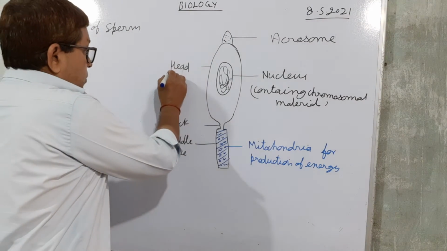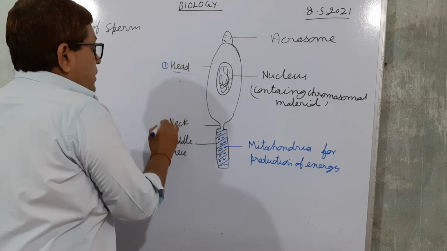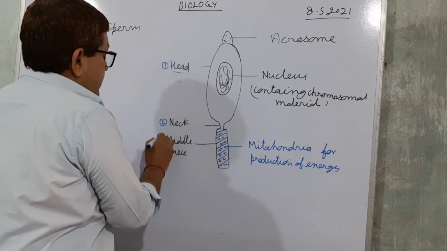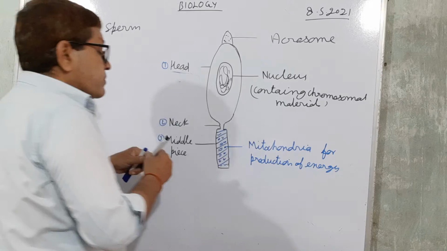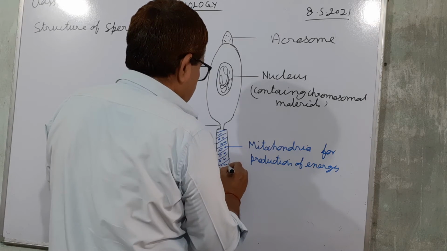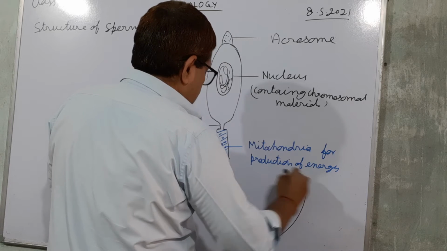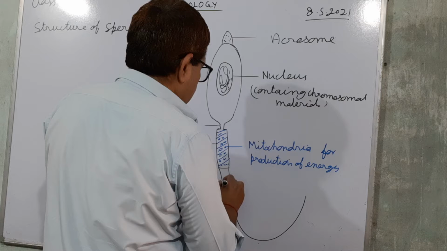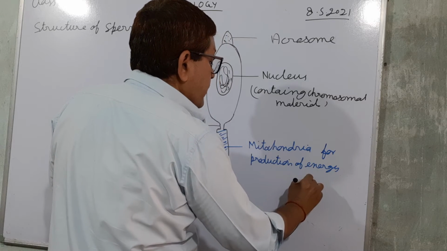So, number one is the head, second is the neck, third is the middle piece, and the fourth portion is the elongated tail.